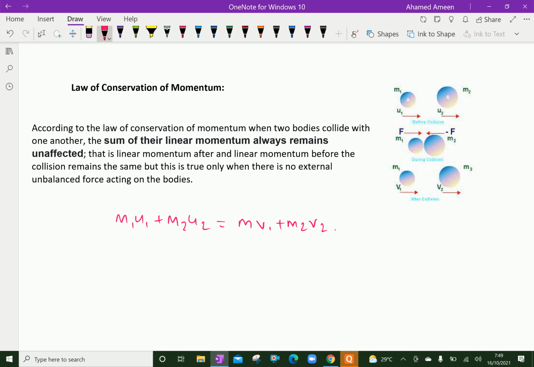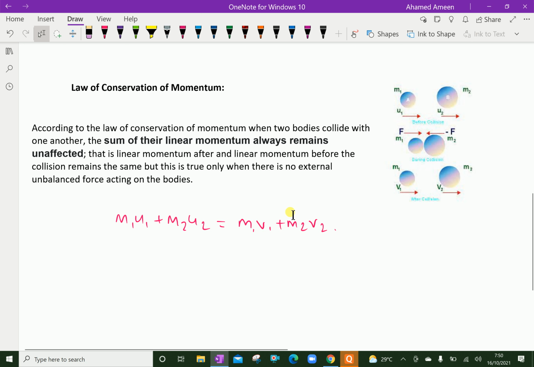Here m1 is the mass of the first body, u1 is the velocity of the first body, m2 is the mass of the second body, and u2 is the velocity of the second body before collision. After collision, m1 v1 is the momentum of the first body, and m2 v2 is the momentum of the second body.